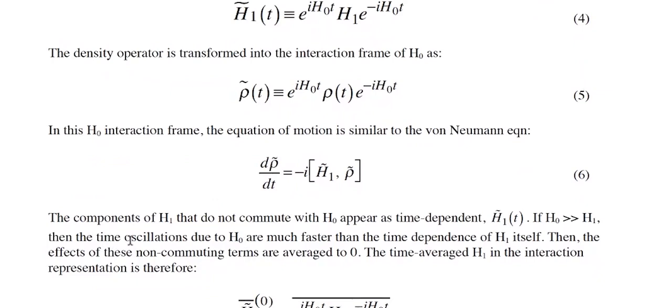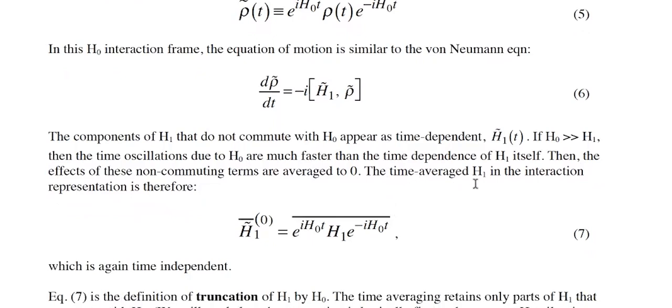The corresponding frequency is going to be hundreds of megahertz, and that time oscillation due to H0 will be much faster than any time dependence of H1 itself. Even if your H1 is time dependent, let's say my RF pulses are time dependent, it is generally slower in time dependence compared to the H0 time dependence. So the effect of these non-commuting terms of H1, those terms that don't commute with H0, will be averaged to zero, just because that cosine, sine oscillation is fast.